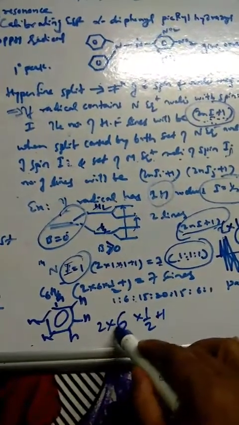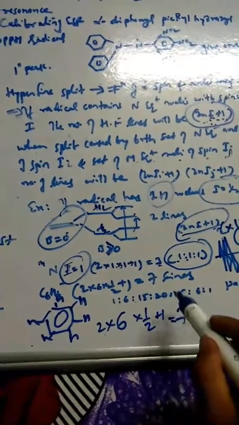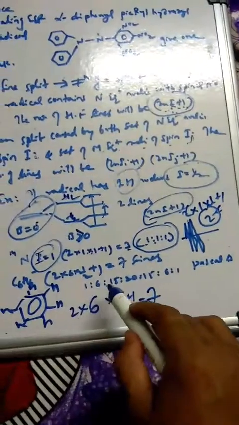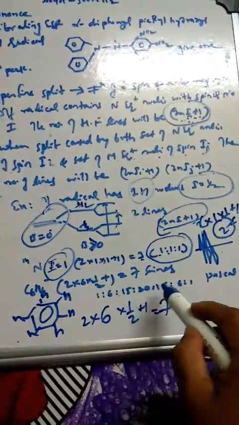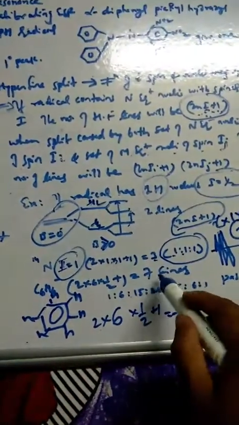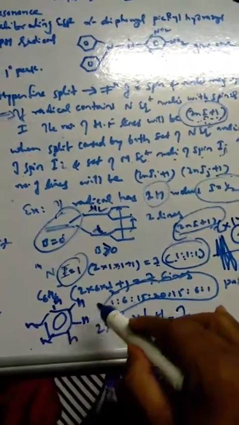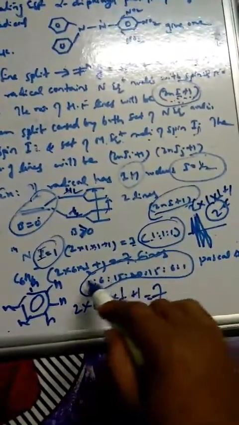So 2, 2, 3 are 6, that is 7 lines. We get 7 lines of the intensity 1:6:15:20:15:6:1. So this is the intensity shown by the benzene splitting here in the ESR, and this is called a Pascal triangle, okay.